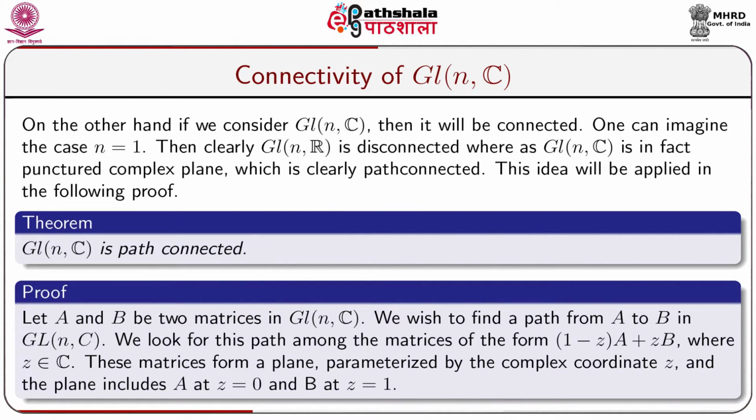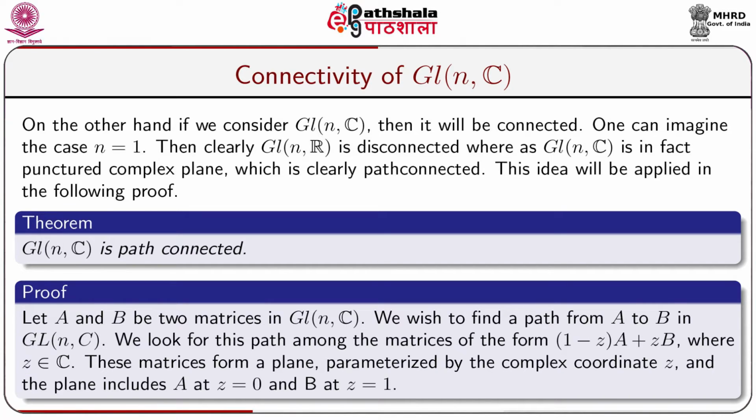Let us consider the collection of matrices (1 minus z)A plus zB, where z belongs to C. Now we would like to find our required path in this collection.